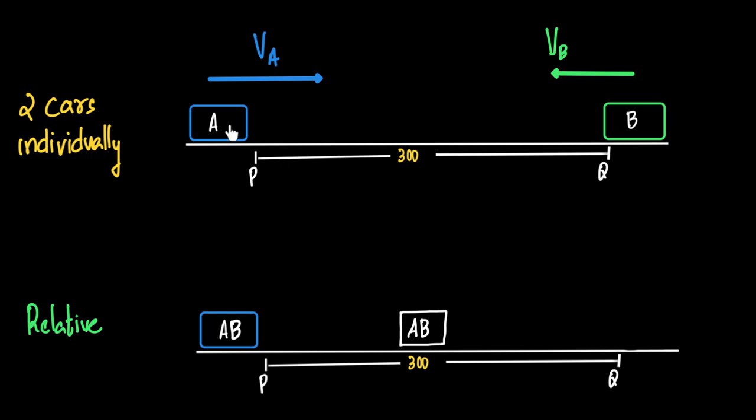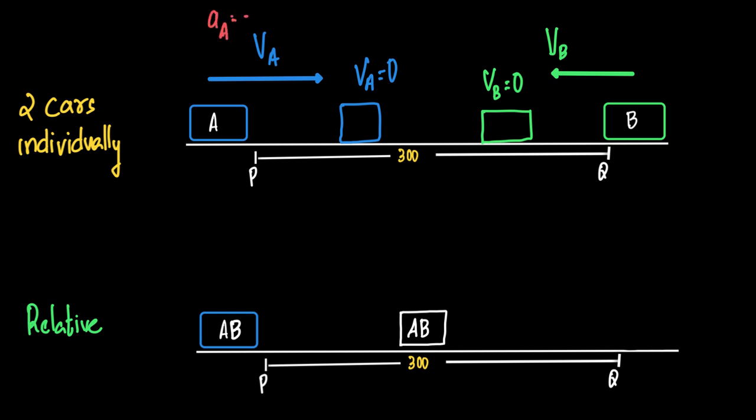We have car A traveling with velocity VA, eventually coming to rest, final velocity 0. We have car B coming with velocity VB, which will also come to rest, final velocity being 0, right? So both of these will have acceleration.